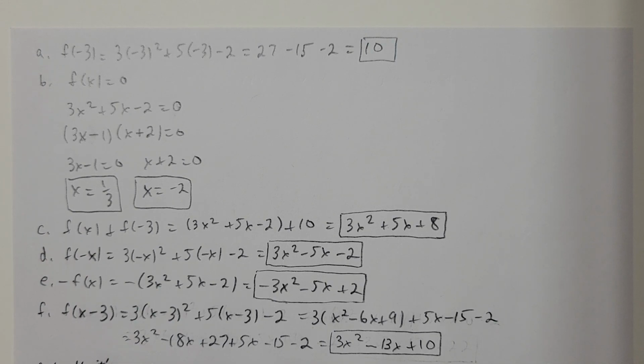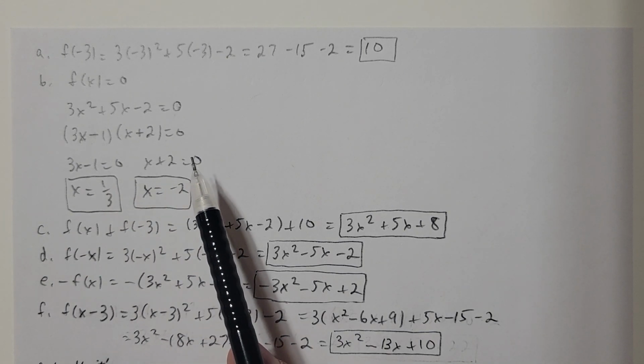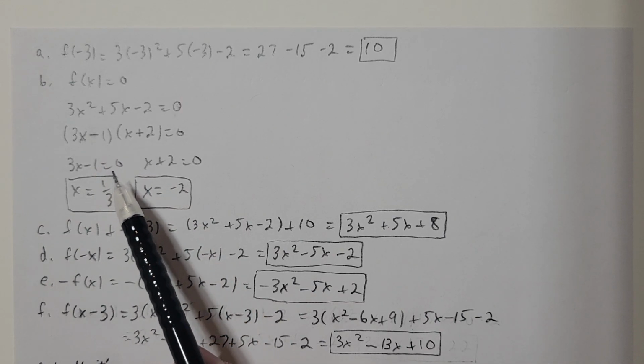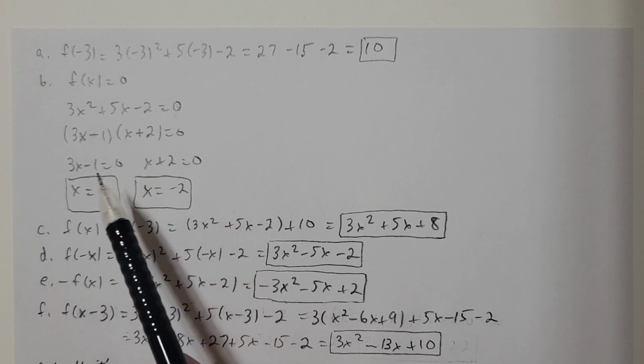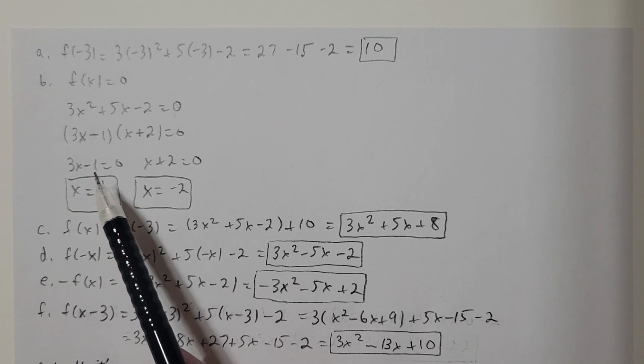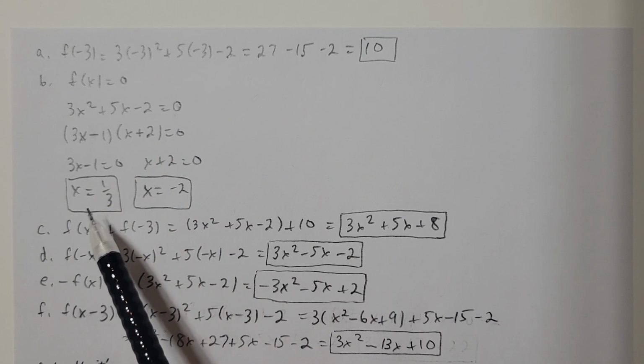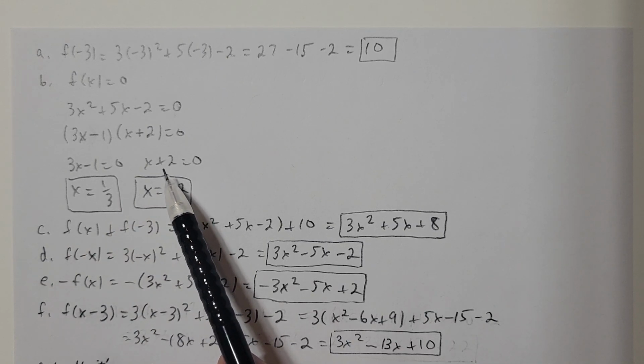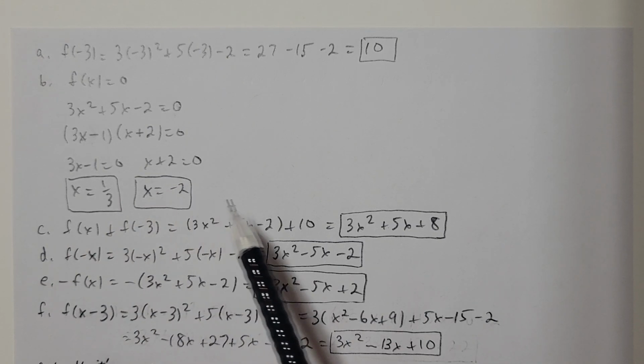Now I can set each factor equal to 0 and solve. So I have 3x minus 1 equals 0 and x plus 2 equals 0. Over here, if I add 1 and divide by 3, x equals 1/3, that's one answer. And over here, x equals negative 2, that's another answer.